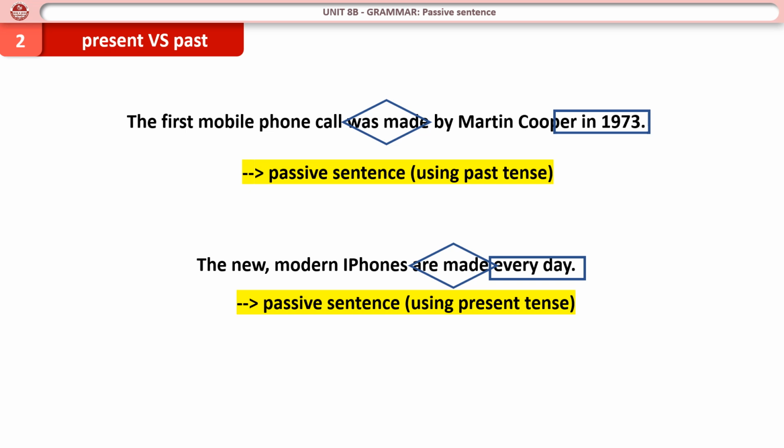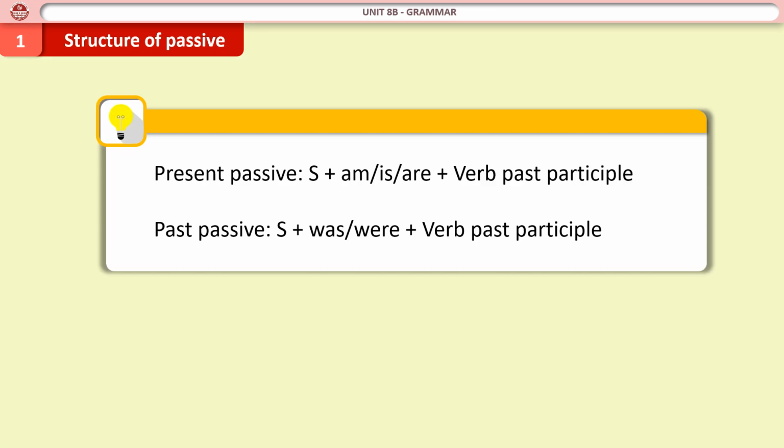From these two sentences, I can conclude the key points of the passive structure. It would be like this. Whenever you want to show the present activity, the present action, it would use the structure subject plus present to be verb like am, is, and are plus verb past participle, or you can understand it as verb 3.